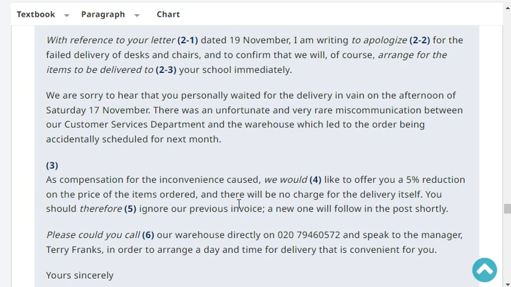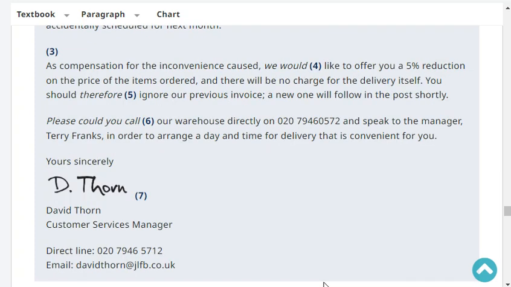As a compensation for the inconvenience caused, we would like to offer you a 5% reduction on the price of the items ordered, and there will be no charge for the delivery itself. You should therefore ignore our previous invoice. A new one will follow in the post shortly.